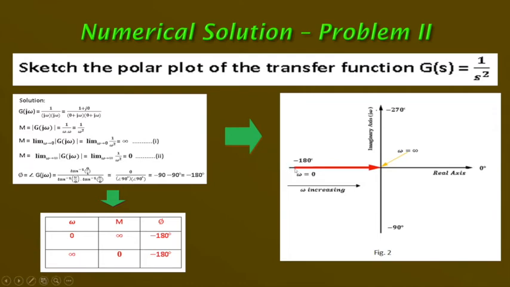This is the starting point: when omega equal to 0, this axis is the minus 180 degree axis and the magnitude is infinity. Then omega is increased but the phase angle is the same and the magnitude decreases to 0. So this is the finishing point. This is the final polar plot diagram.